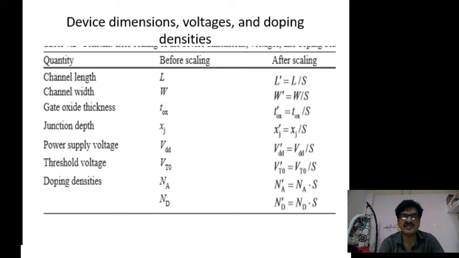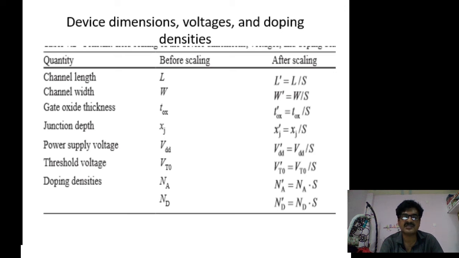Because in order to maintain constant field before and after scaling, the doping concentrations are increased by a factor of S.